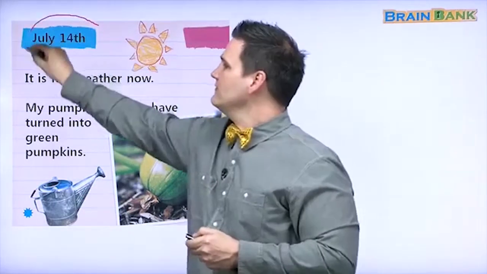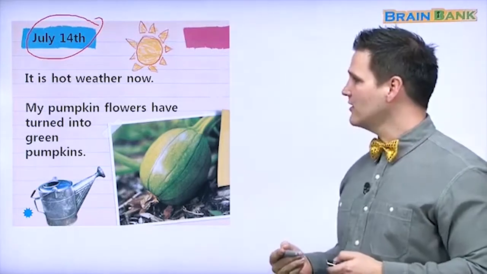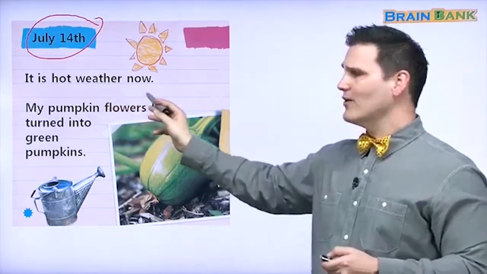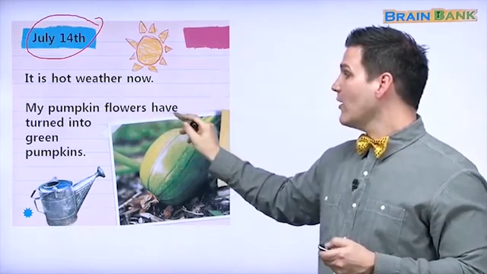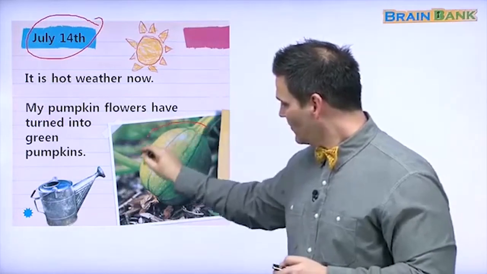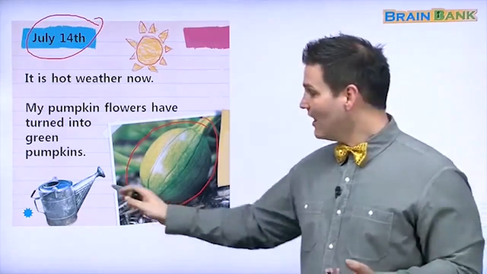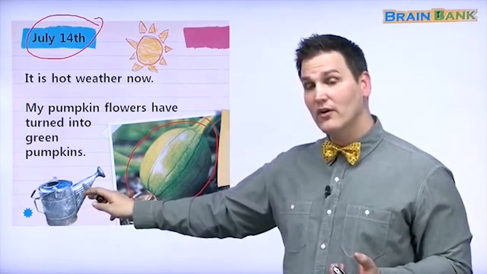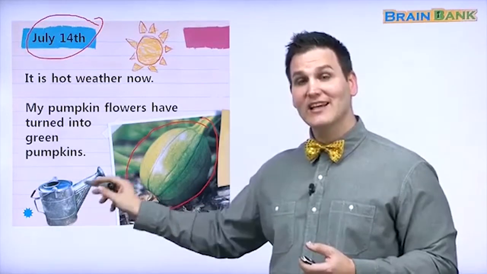Now we have July 14th, a couple of days later. It is hot weather now. The sun is there. My pumpkin flowers have turned into green pumpkins right here. Lots of sun and lots of water. What is this called? A watering can.